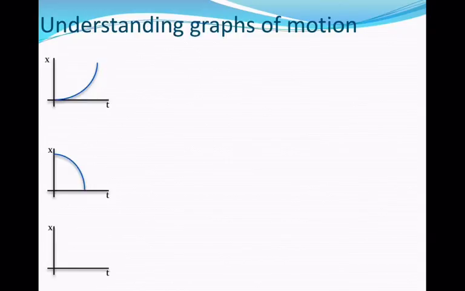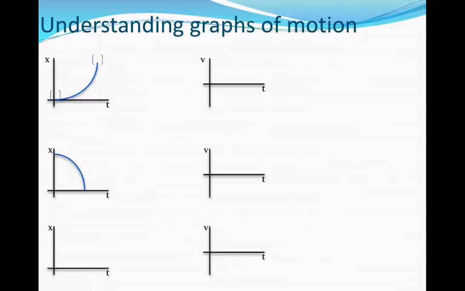So what if the positions look like this? These ones are a little bit trickier, but the method of figuring this out is exactly the same. So we're going to start by looking at the slopes. And so what I want to do is I want to say, okay, what is the slope like in the beginning, and what is the slope like in the end?